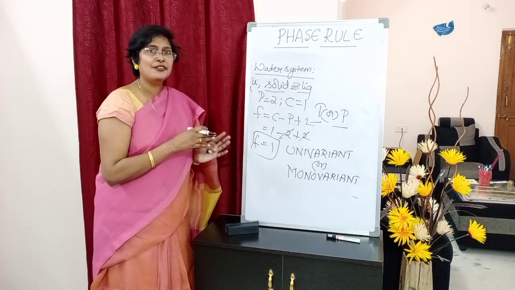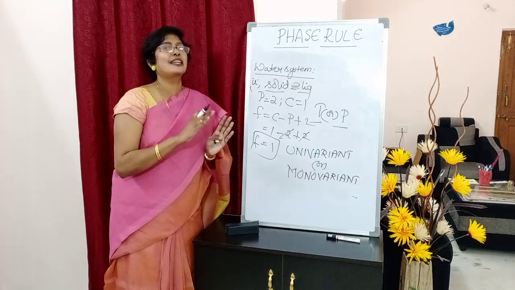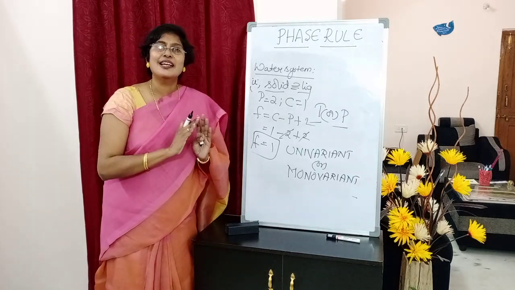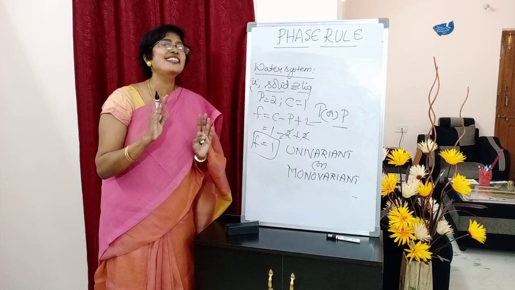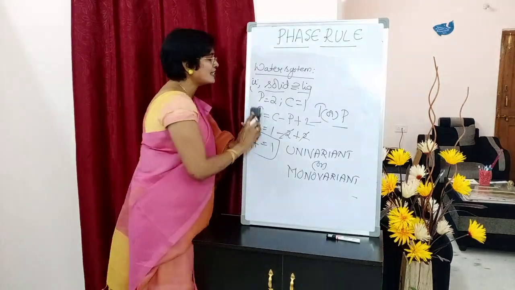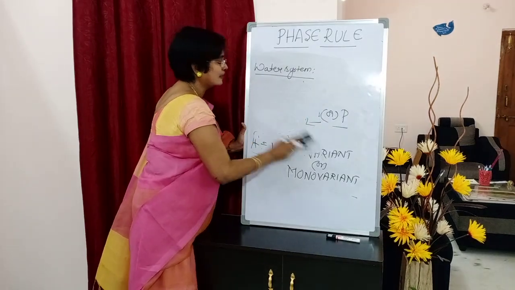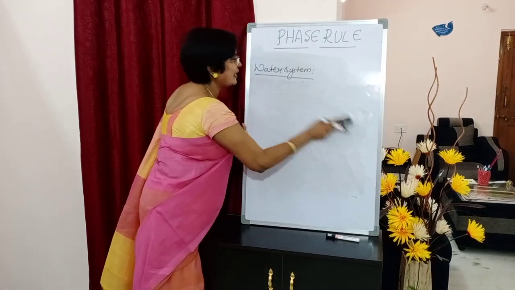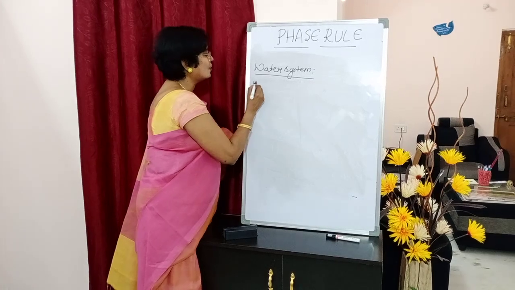Understood? If you don't understand this one, then we will go to the final example. It will be crystal clear. Okay? Now, third set of examples. So, one phase is over, 2 phases are over.